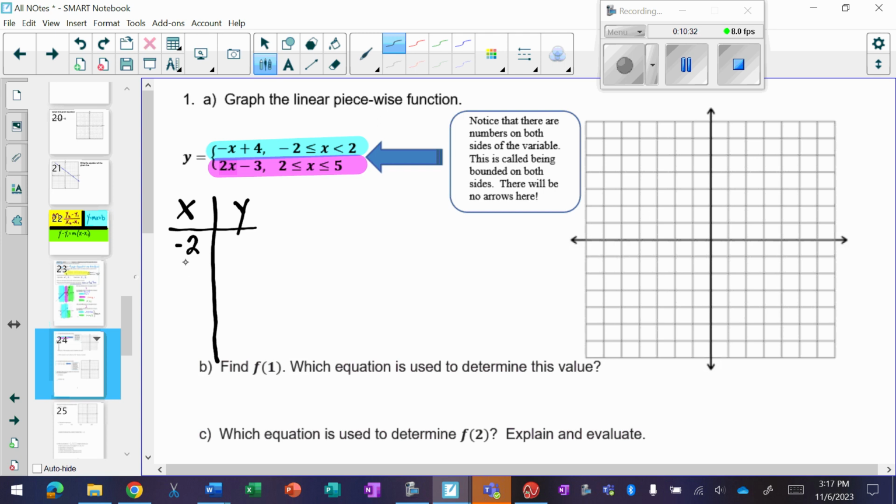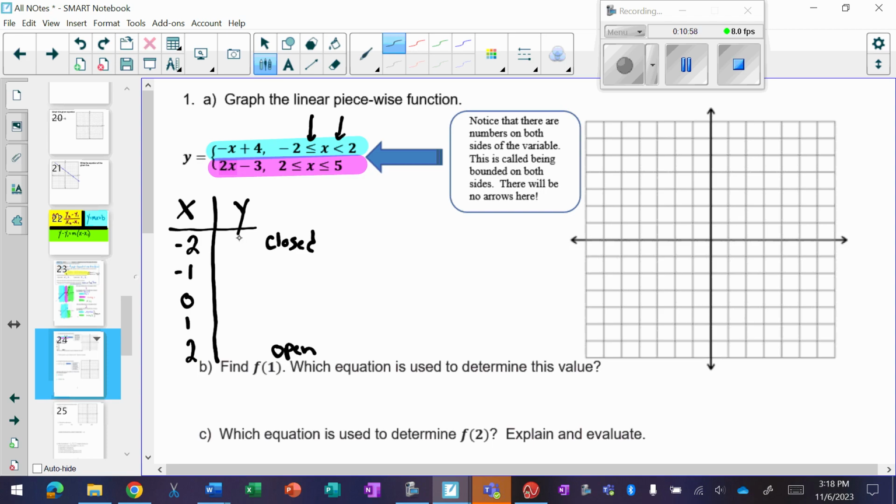So we need to go from negative 2, negative 1, to 0, to 1, and 2. At the negative 2 end, we'll have a closed circle because it can be equal to negative 2. And at the positive 2 end, we'll have an open circle because it cannot be equal to positive 2. So we'll put an open circle there.